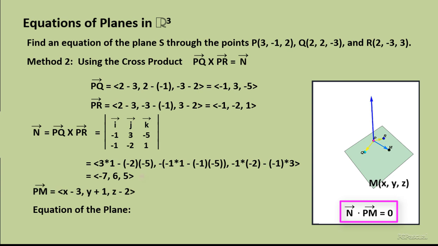And so the dot product of n with the vector PM is equal to -7 times the quantity x minus 3 plus 6 times the quantity y plus 1 plus 5 times the quantity z minus 2. And because the two vectors are orthogonal, the dot product should be equal to 0. Simplifying, we get -7x plus 6y plus 5z equals -17.